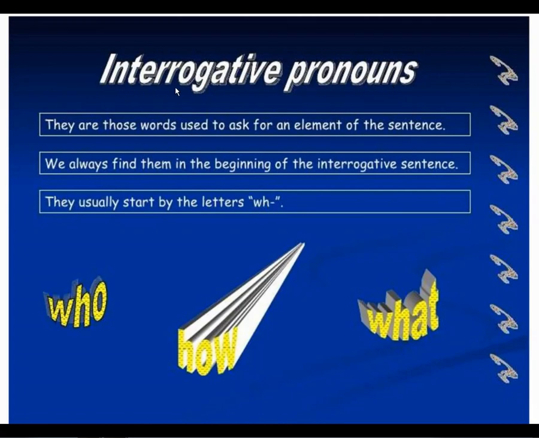Clear? All of the WH words are interrogative pronouns. So what's your name? Where are you going? Why don't you complete your work on time? Whom are you talking to? Where are my shoes? So all of these are question sentences beginning with interrogative pronouns. Clear? So you can quickly note it down.